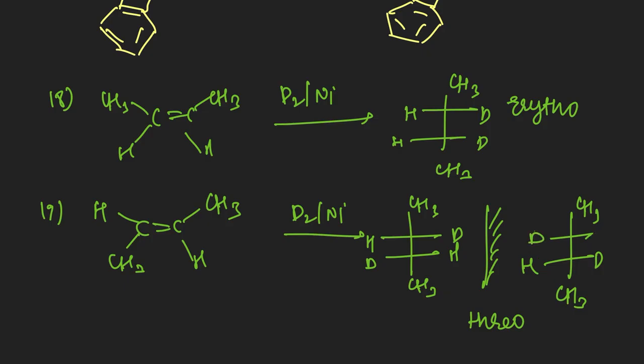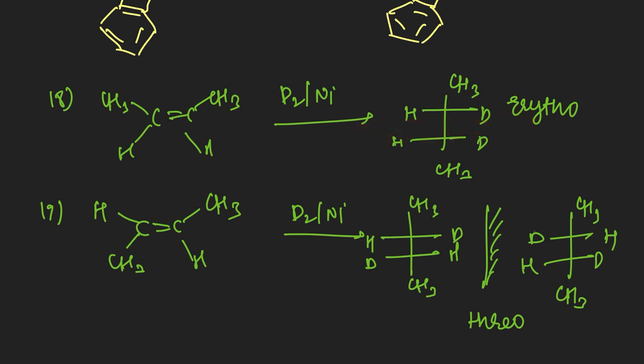So what will happen when it has a trans-like situation? This is trans, D and D are opposite, H and H are opposite. Then it is known as trans, threo. And when they are on the same side, this is called erythro. Actually, this is a meso, because it has a mirror image.